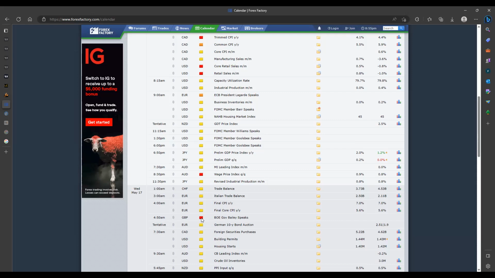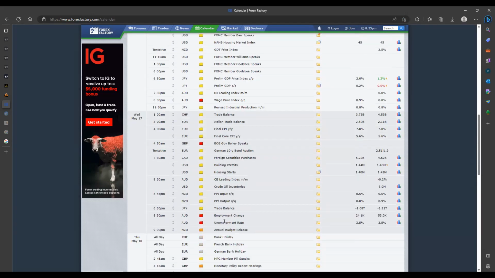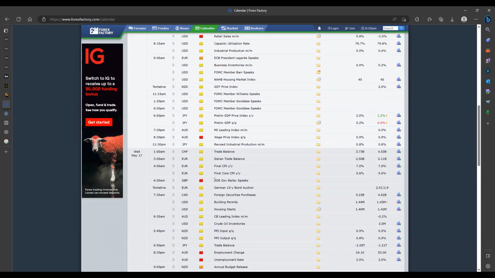This 4:50 on Wednesday, this might move, Bank of England governor speaking. Even though this doesn't say monetary, there might be some monetary talk in this. So this could be like a sneaky thing.